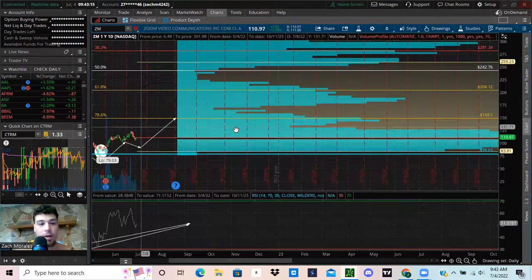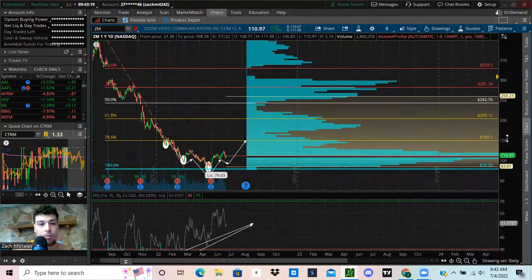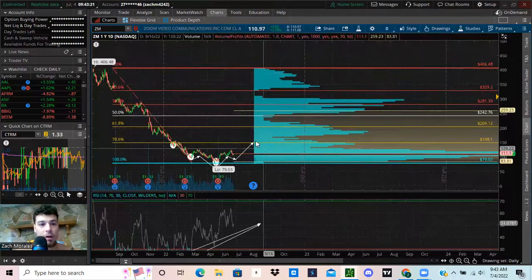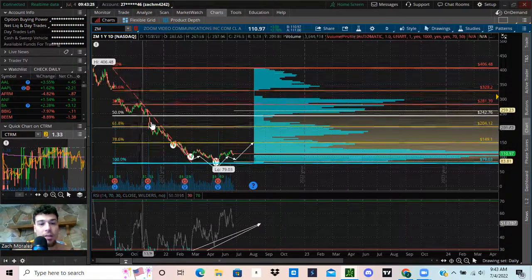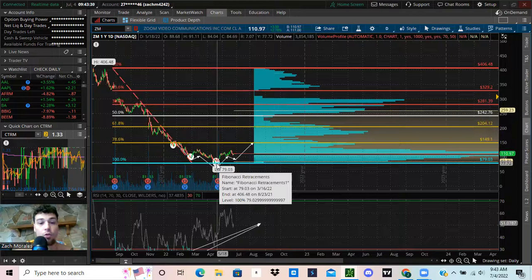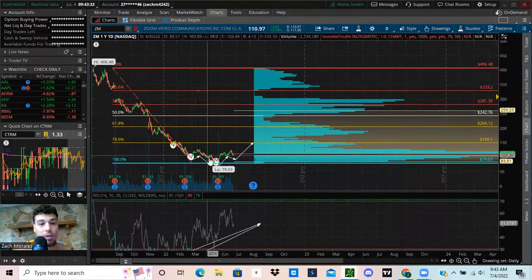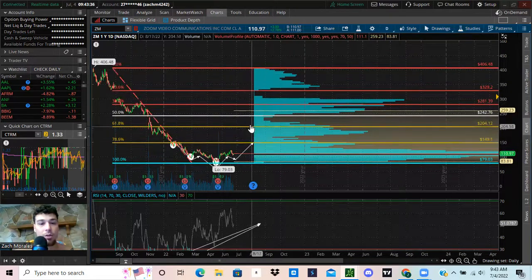Okay, if we zoom out some more on the daily chart and we take a better look, we can see we have our swing lows to our swing high up here. This yellow area is what's known as the golden pocket. When stocks start to retrace, because that's what these are, the fib retracements, most likely this is a common area where they come to start retracing.